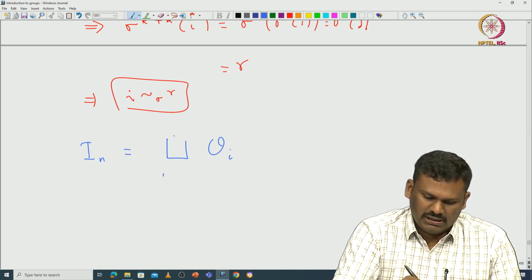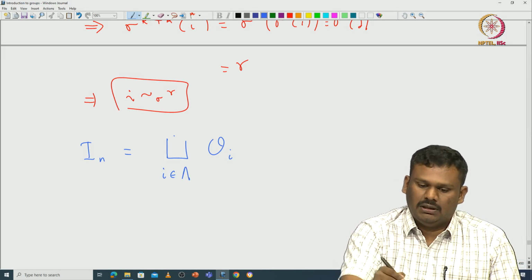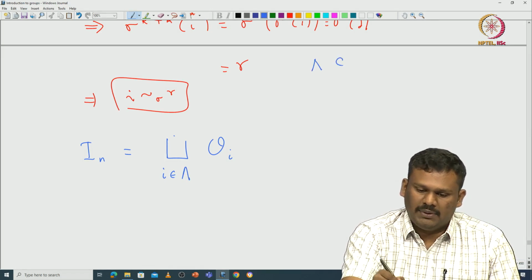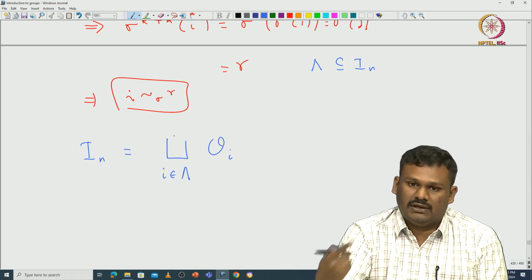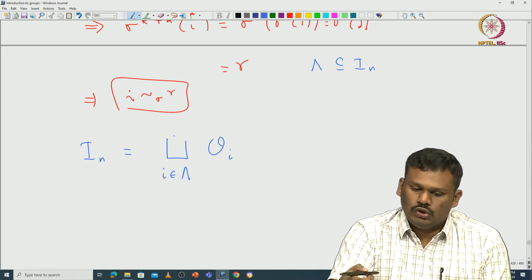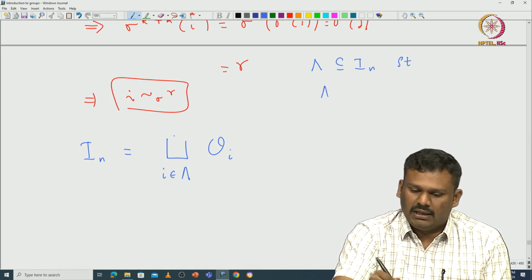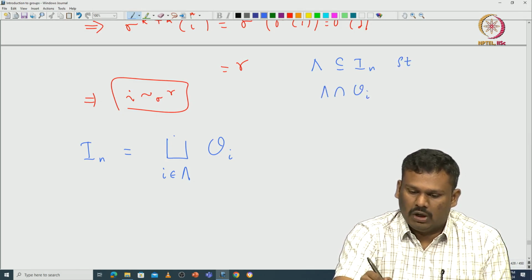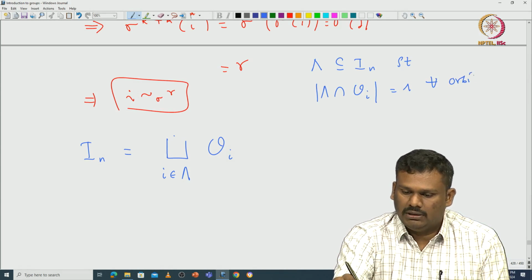Anyway, this i will now vary over some indexing set capital Lambda. What is this capital Lambda? Capital Lambda is chosen to be a subset of I_n, which is the indexing set for each orbit. You choose capital Lambda from I_n such that whenever you take Lambda intersection with some orbit O_i, this has to be exactly a singleton for each orbit.